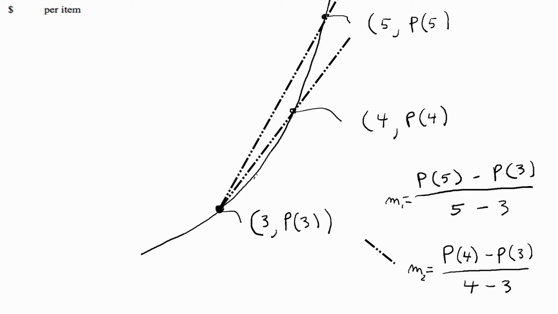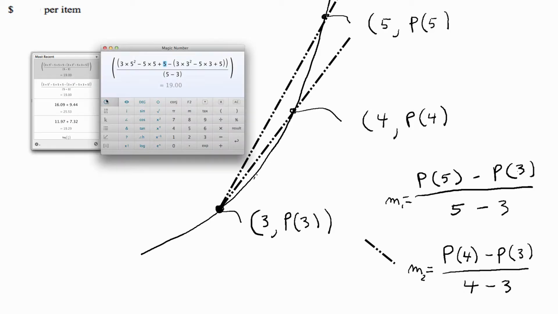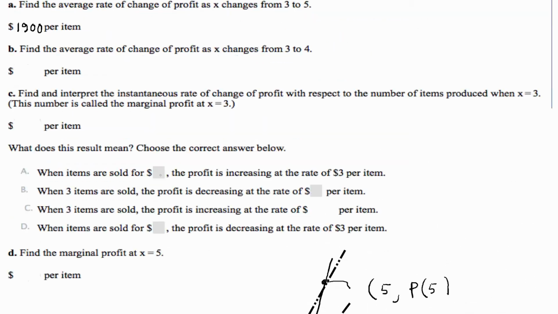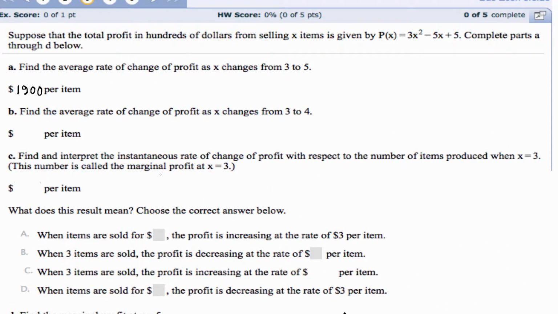So I did that, and what that corresponds to is you change your 5s to 4s, including this one. And we see it's 16. So you see the average change in profit is less between those two intervals. It's actually 16, or $100 per item.